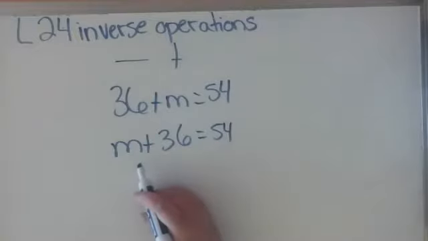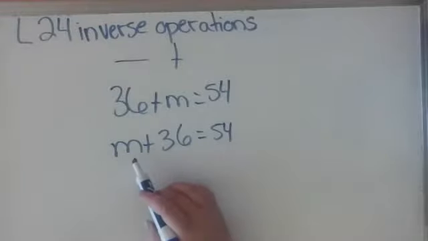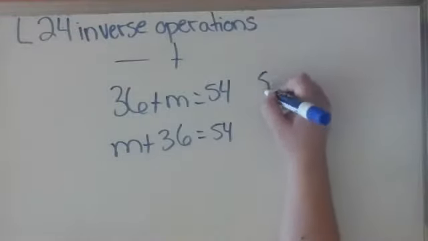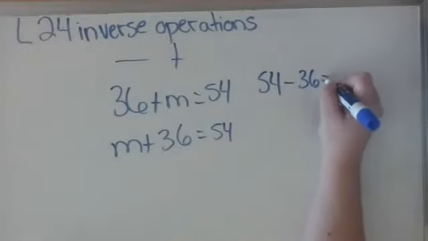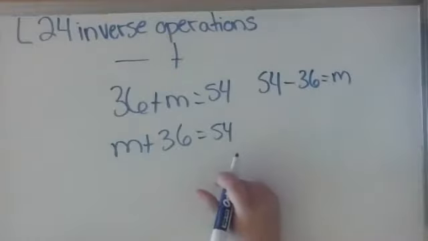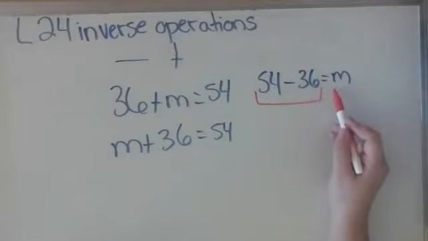Well, this one won't help me find m because it still equals 54. It doesn't equal m. So I'm going to keep going. 54 subtract 36 equals m. This one will help me find m because it tells me I need to do this to find what m is.